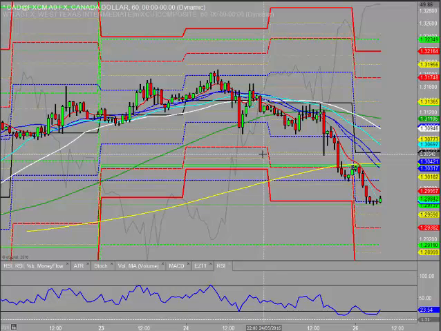So we could see something just after 11 when he starts speaking. And then later at 1:30, we've got the core durable goods and unemployment claims coming out. The unemployment claims is a little bit less important at this time of the month for this one, but the core durable goods, we do sometimes get a decent kicker around that. A bit unreliable in terms of its size, but it does often occur.